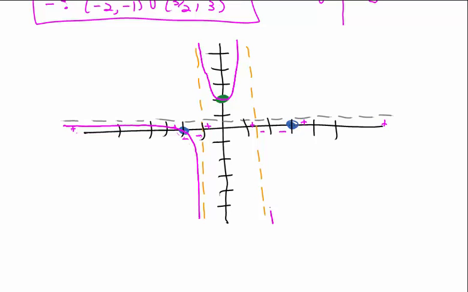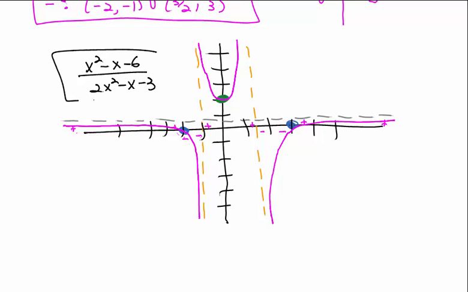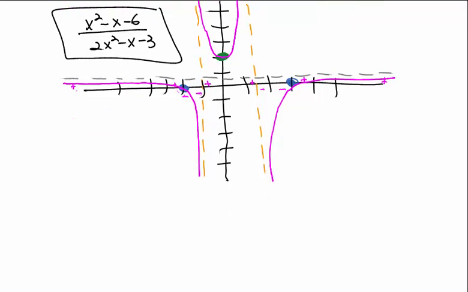And then finally the right side, close to the asymptote, starting negative, and then turning positive, going towards that horizontal asymptote. This is the graph of x squared minus x minus 6 over 2x squared minus x minus 3. All 5 parts. Filling in the blanks.